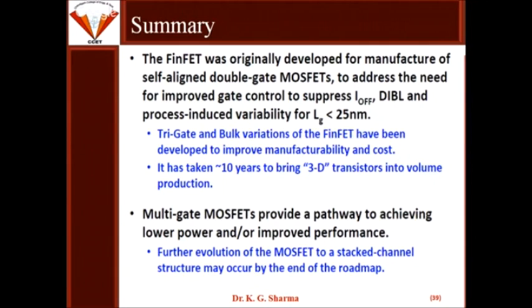Tri-gate and bulk variations of the FinFET have been developed to improve manufacturability and cost, and it has taken around 10 years to bring 3D transistors into volume. If you recall, the paper was presented in the 90s, but it took more than 10 years to bring this into reality.